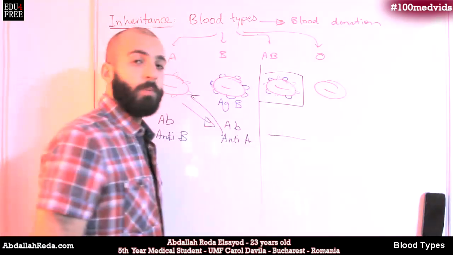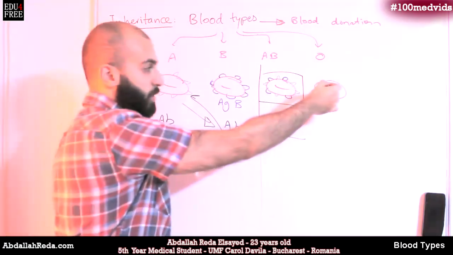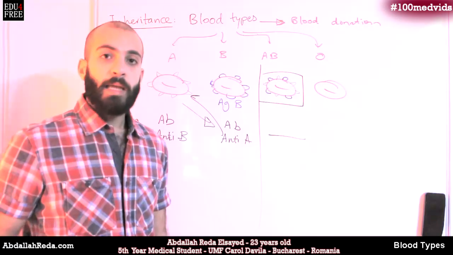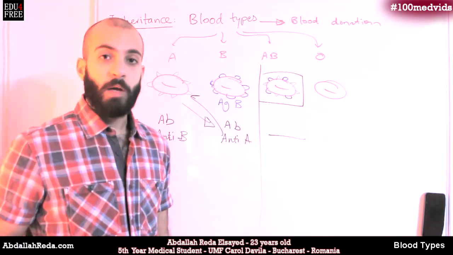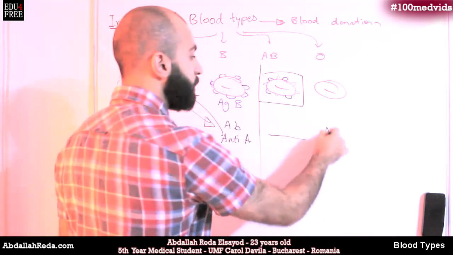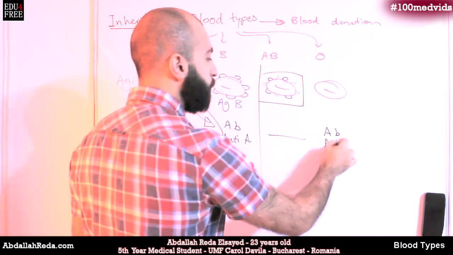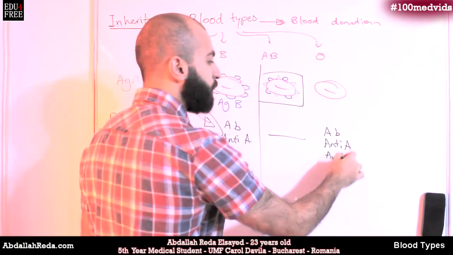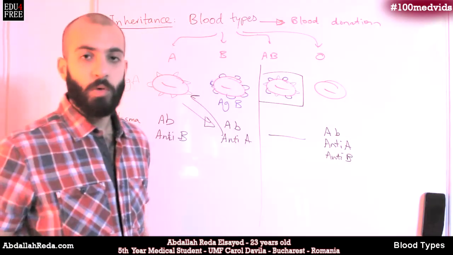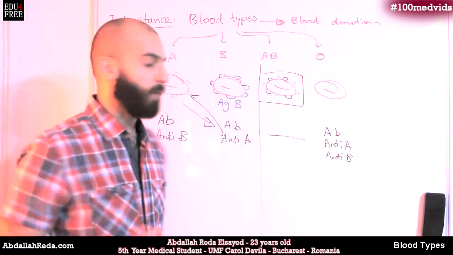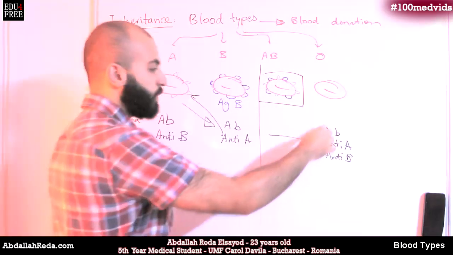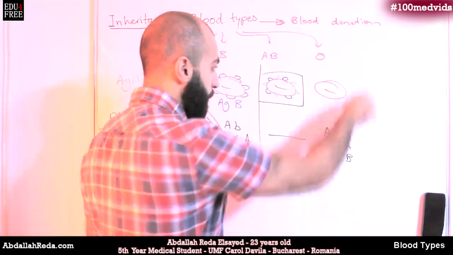In O, the red blood cells don't have antigens for A or B. And so the plasma would have antibodies against both of them, because to that kind of blood, those antigens are very foreign. It doesn't know them. It's not familiar with them because they are not on its own red blood cells. So in the plasma there are anti-A and anti-B antibodies.